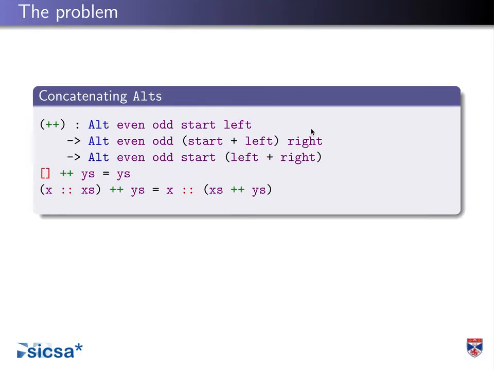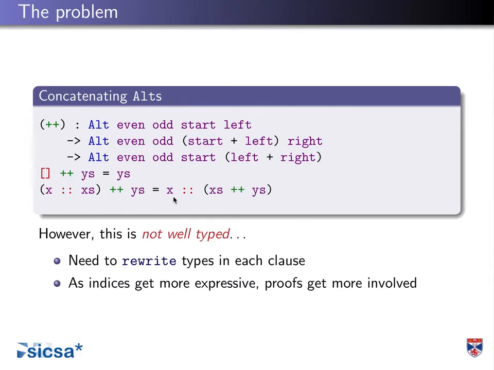And what we'd like to do is just write our concatenation function in the same way that we always do for any other list. So the usual thing of nil plus ys just gives us ys. The usual thing of x cons xs plus ys will recursively concatenate xs and ys and stick an x on the front. Unfortunately, this isn't well typed, and it looks like it should be.